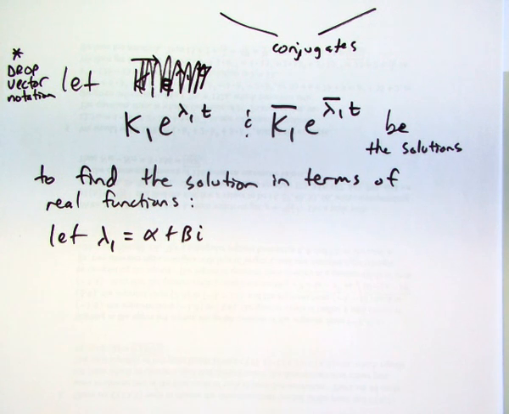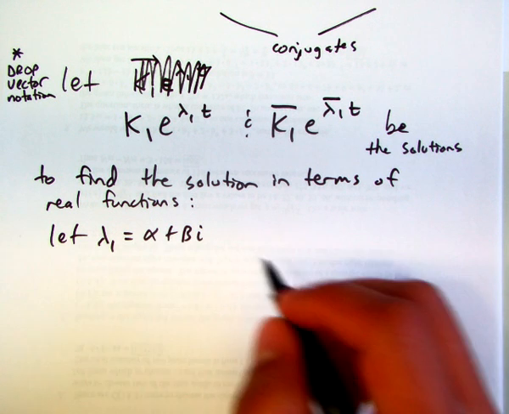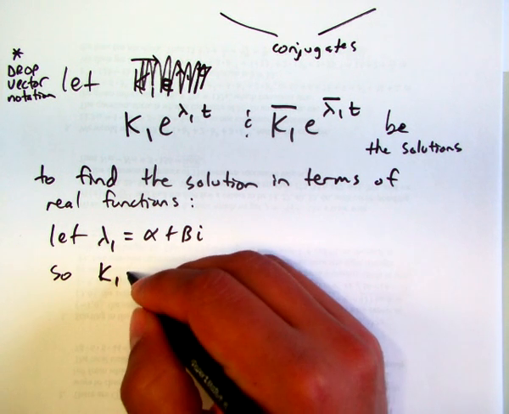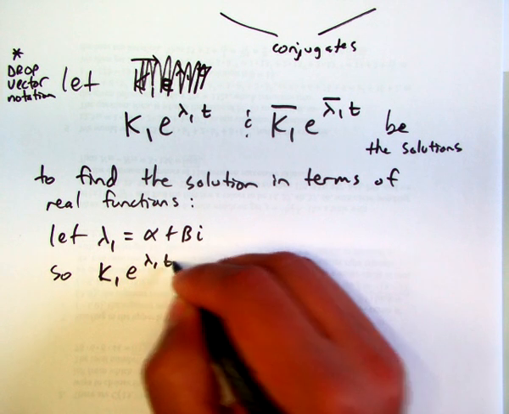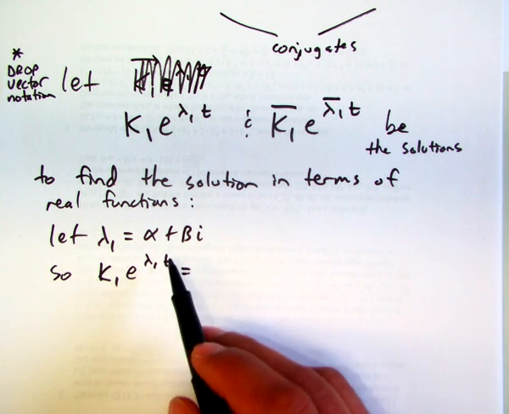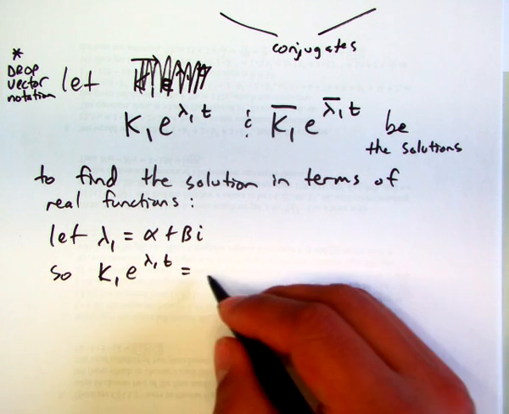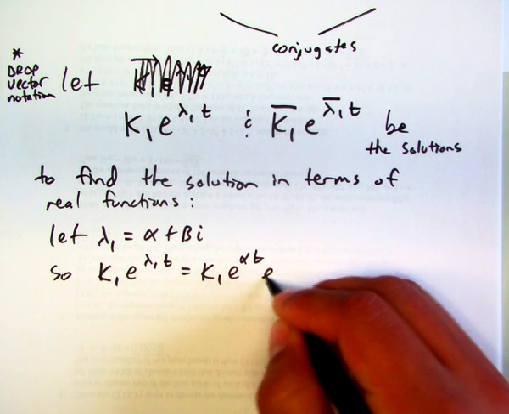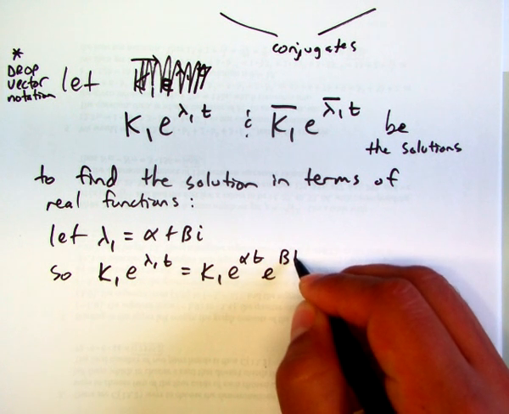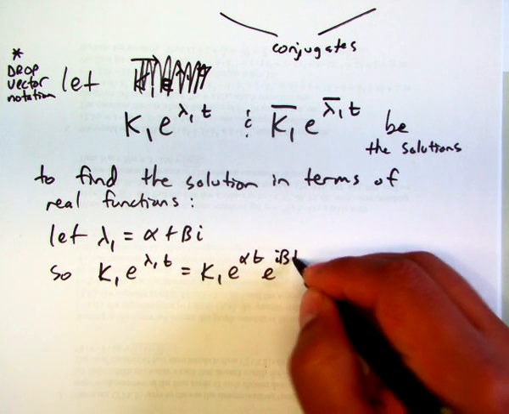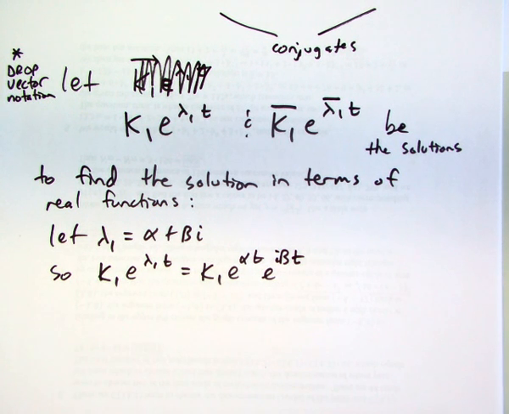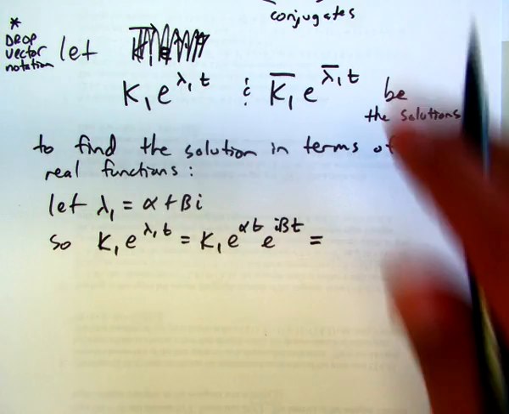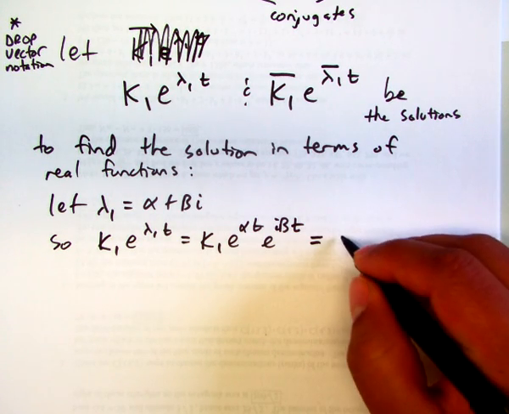So that now K1 e to the lambda 1 t, if I plug in the eigenvalue into the exponent and split it up, we get K1 e to the alpha t times e to the i beta t. And what we're going to do is pull out the real part along with the eigenvector.